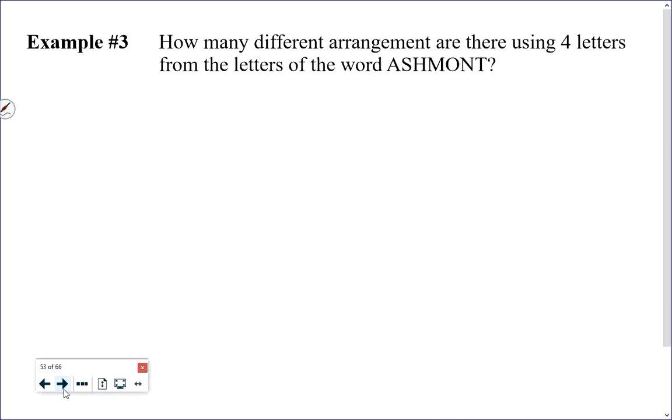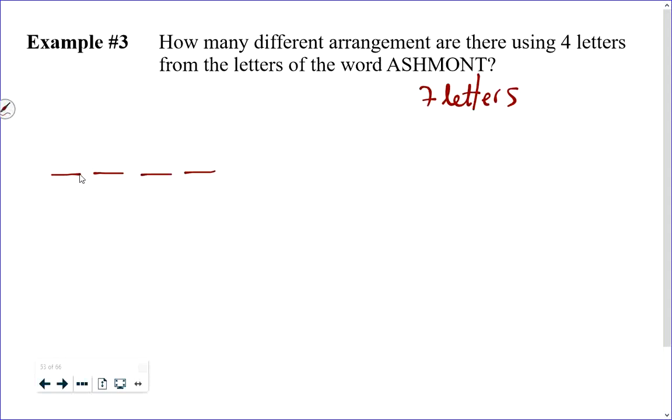We're going to solve example 3 here, which is a very basic question, in at least 3 ways. One of the ways is to go back to yesterday. We are taking letters of the word Ashmont, and there are 7 letters, yes? We're going to arrange them in groups of 4 at a time.